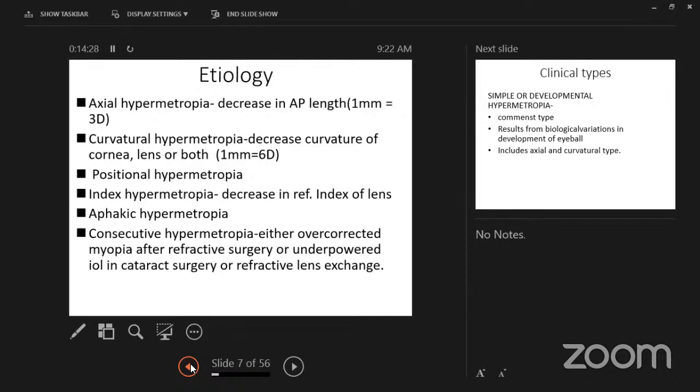Positional hypermetropia you told. Index hypermetropia, example? Why cortical cataract or hypermetropia? So what is refractive index?